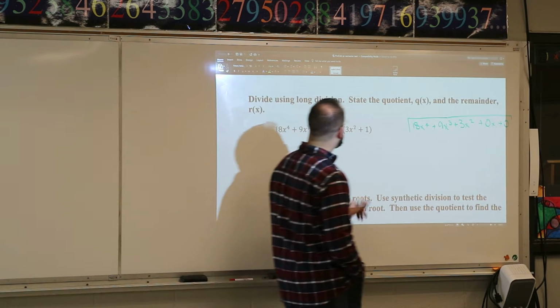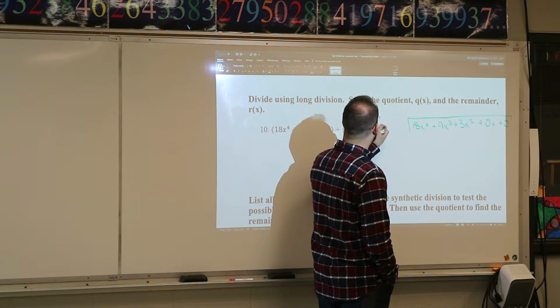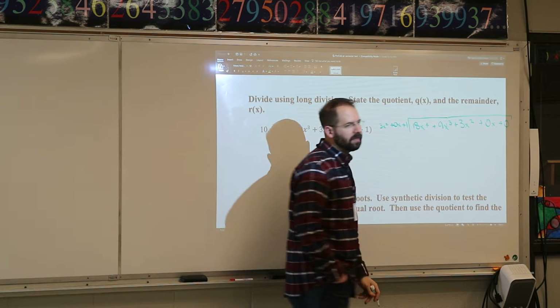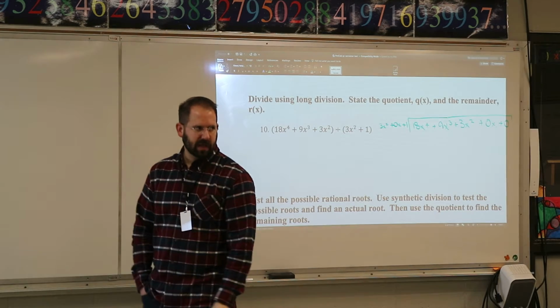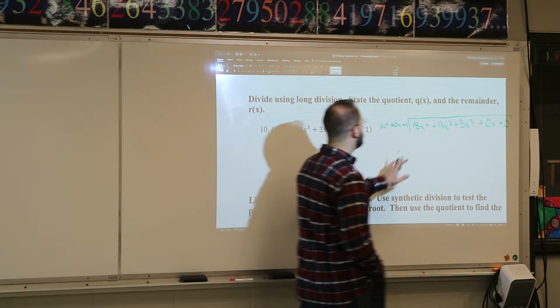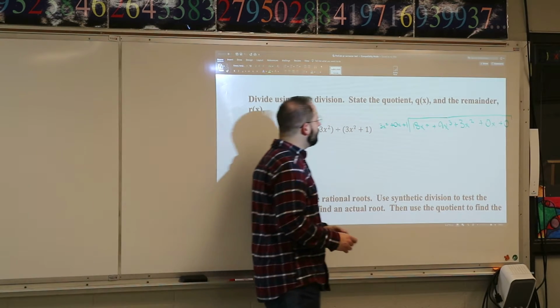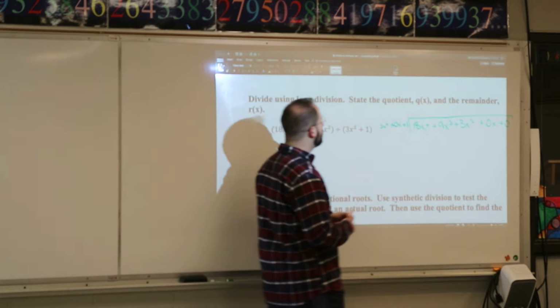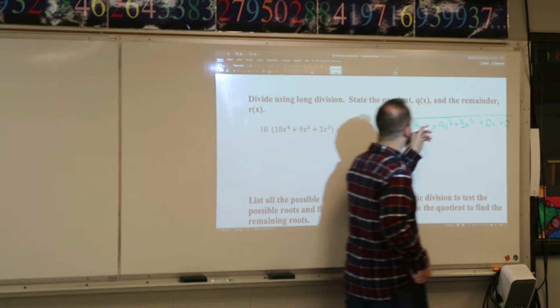All right. On the outside, 3x squared, 0x, and a 1. Yes, you have to even have the zeros correct on the outside if they're missing anything. That way everything is accounted for. Okay, what do I need to multiply on the 3 to make the 18? 6x squared, heard that? Okay.